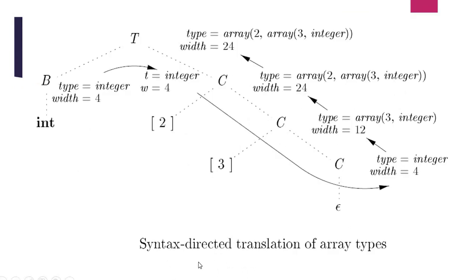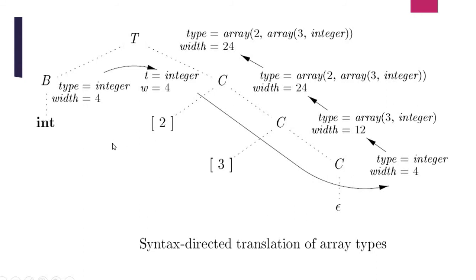Now let us move on to syntax directed translation of array types. Let us consider the example int a of 2 of 3. How to recognize that and how to attach the syntax directed translation, we are going to see here.